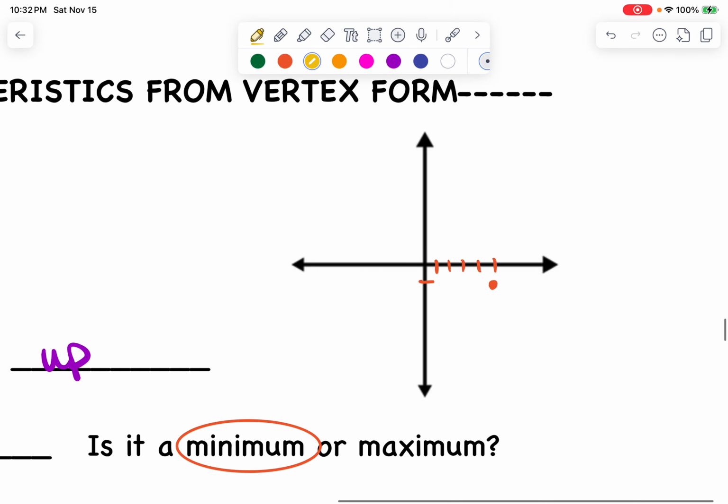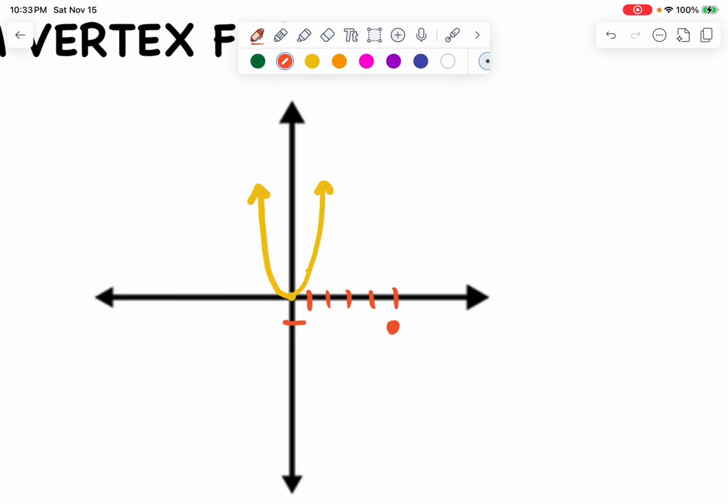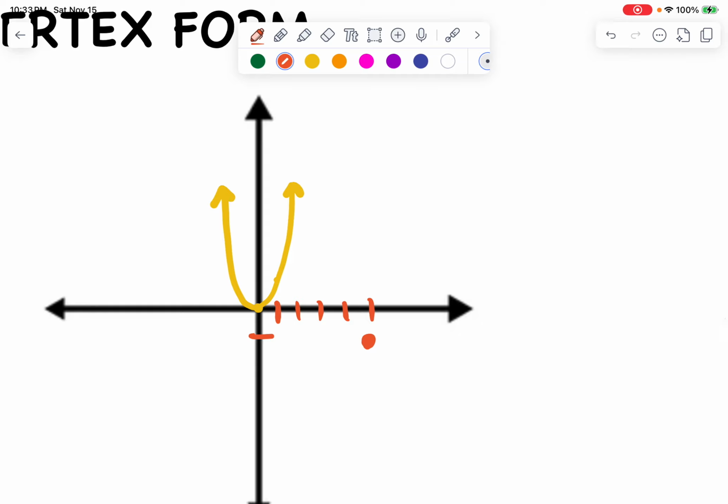I'm going to come over here just for fun as a comparison. Over here, I'm going to sketch my parent function. So let's just say this is my parent function. There we go. If that's my parent function, then I shifted it right 5, down 1. So my vertex, of course, is at (5, negative 1).